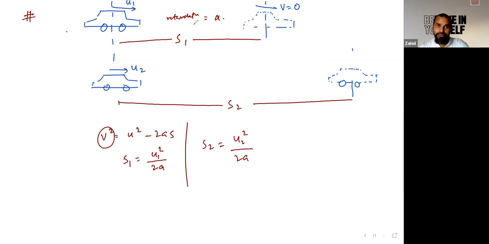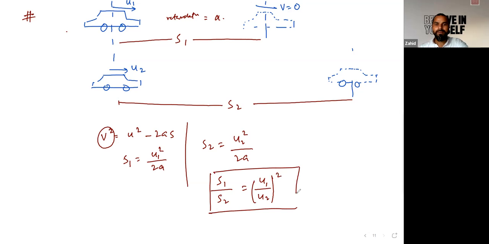As the retardation, or the strength of the brake, in the first and second segments would be the same, on comparing these two parts, S1 over S2 equals u1 over u2 squared. By knowing this result, we would be able to solve problems related to this retarding motion.